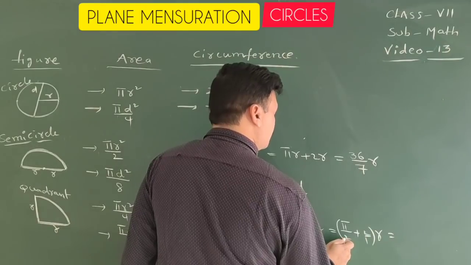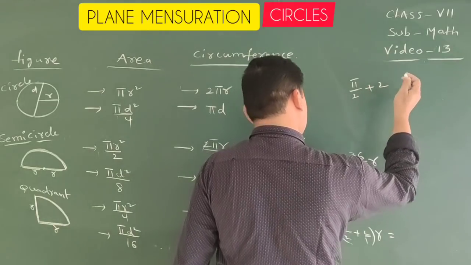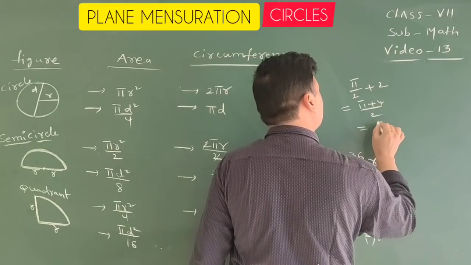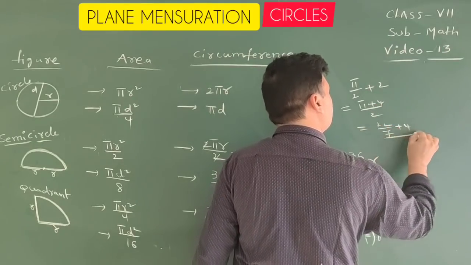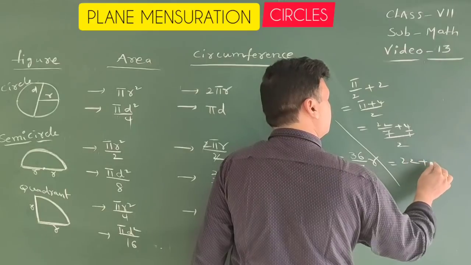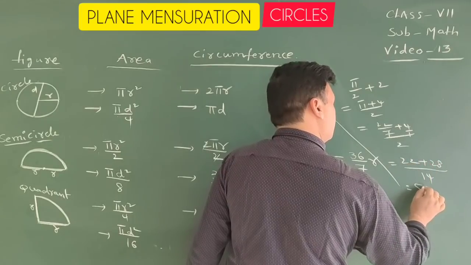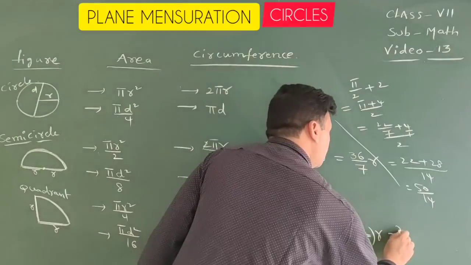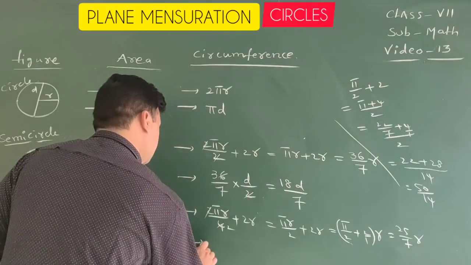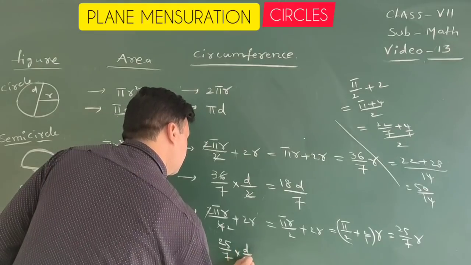22 by 7, 7 is 14. So 25 by 7 r. Next, in terms of d, 25 by 7 into d by 2.